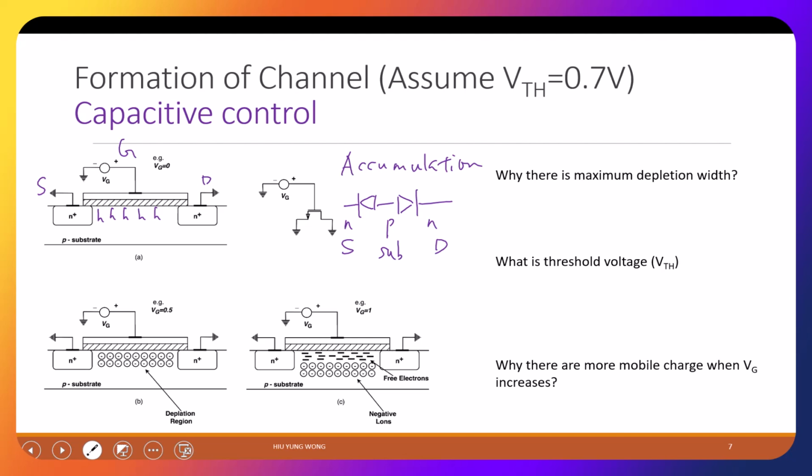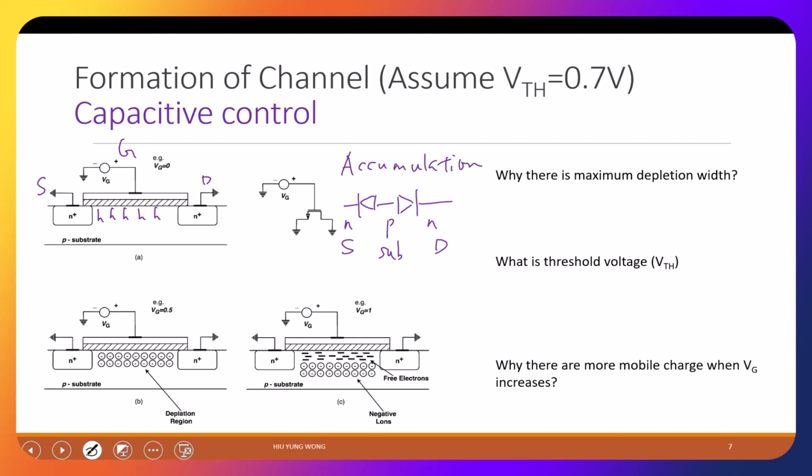Now, I start increasing the voltage, VG becomes more positive. So if I put positive here, then I try to repel away the hole. When I repel away the hole, I will get depletion region. Because in the substrate, it is P-type. Why you get P-type is because, remember the movie I just showed you?